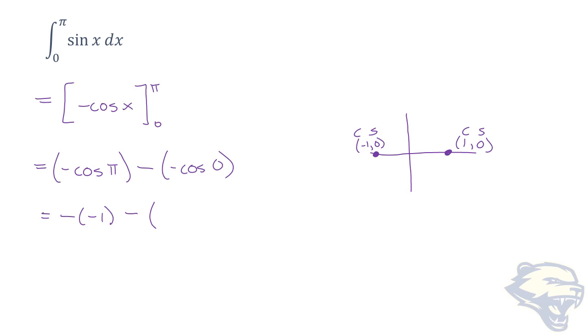Cosine is the x, so that is negative, because it's negative cosine 0, 1. From that, we get positive 1 plus 1. So this definite integral equals 2. And again, yes, if you just use the calculator on this, that's fine, for that part anyway.